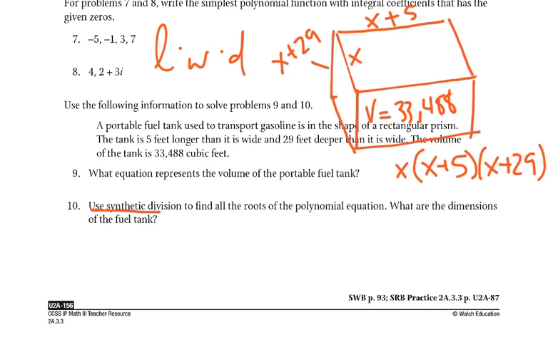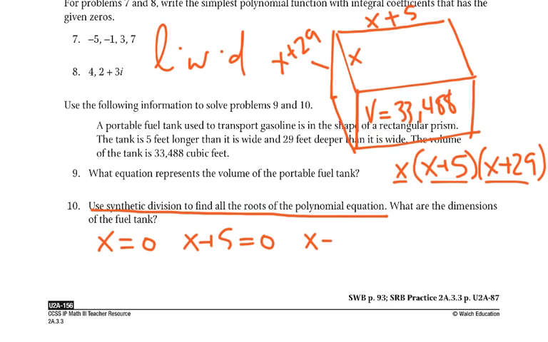However, number 10 says use synthetic division to find all the roots of the polynomial equation. We've got all the roots right here. Okay? So I don't understand why they want us to use synthetic division to do this. Because basically, x equals 0, x plus 5 equals 0, and x plus 29 equals 0.